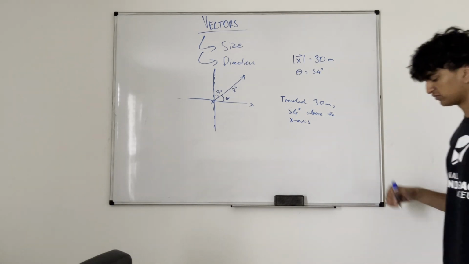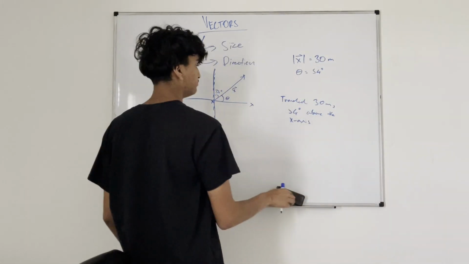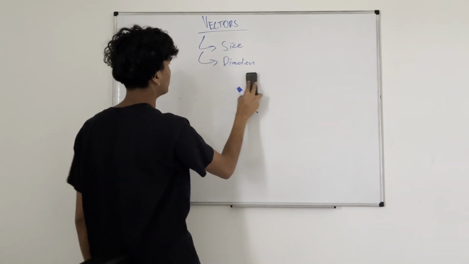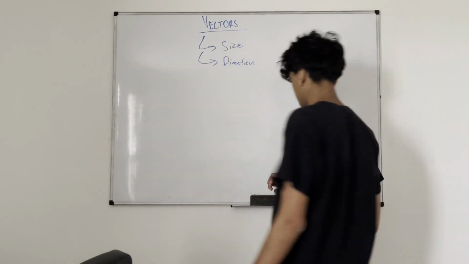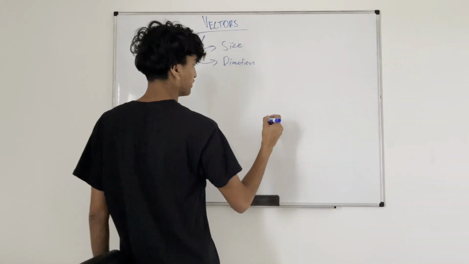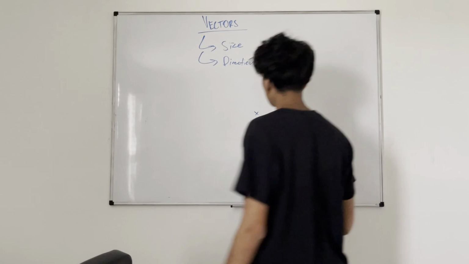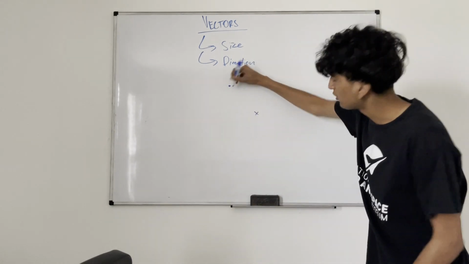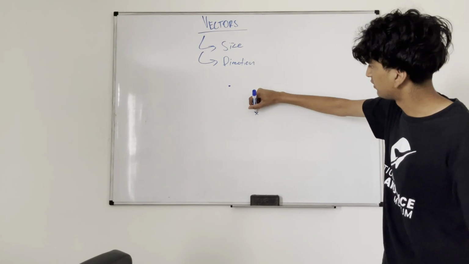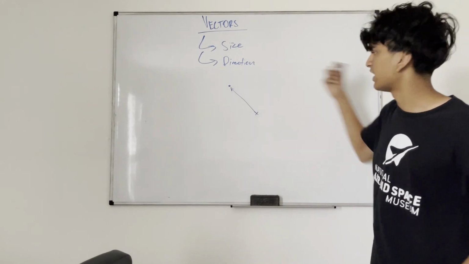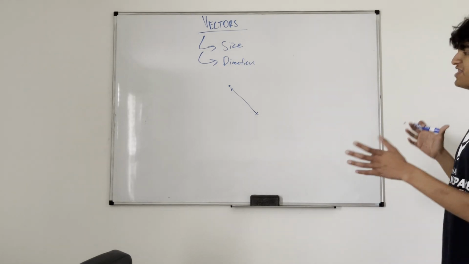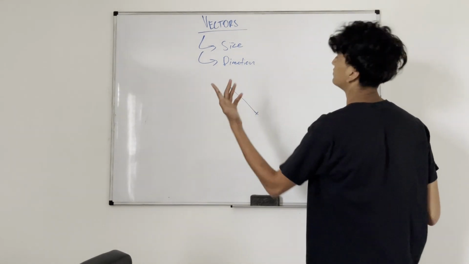Now, how do you do math with vectors? Let's say we start here, and I end up at this point. The path I traveled is like the vector itself.